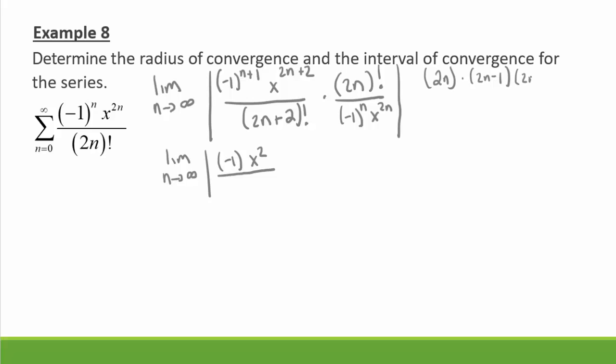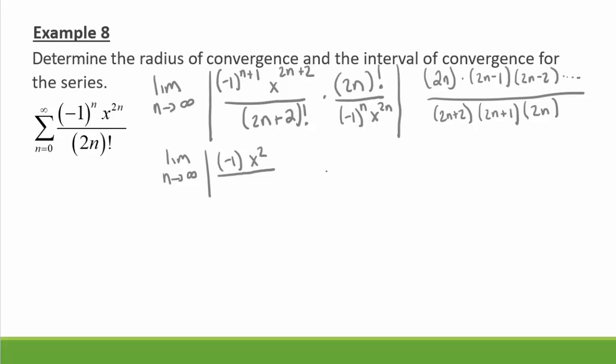And then I would have 2n minus 2, and so on. On the bottom, we have 2n plus 2, 2n plus 1, because I keep subtracting 1, and then I would have what I basically have on the top.